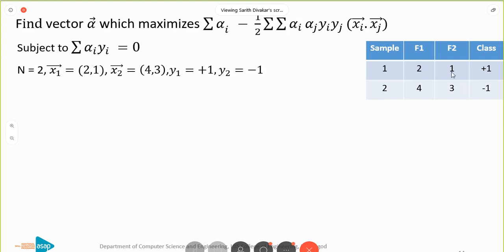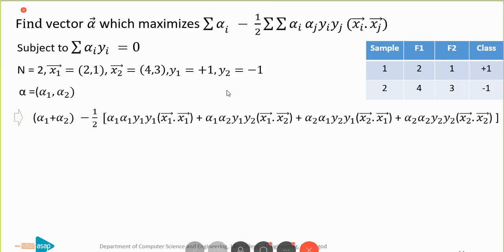Now y1 is positive 1 and y2 is negative 1. And your alpha, you have only two samples over here. We know that the Lagrangians depend on the number of samples, so here you have alpha 1 and alpha 2.